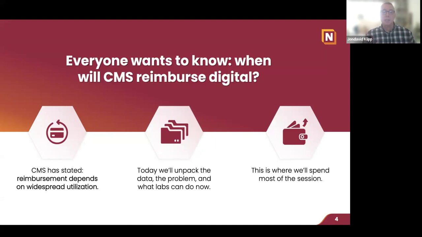Okay, so now on to digital pathology. What's going on with Medicare reimbursement of digital pathology? And once again, to emphasize, nearly all other payers copy what CMS does. Right now, CMS is not reimbursing for the cost of digitizing pathology slides.